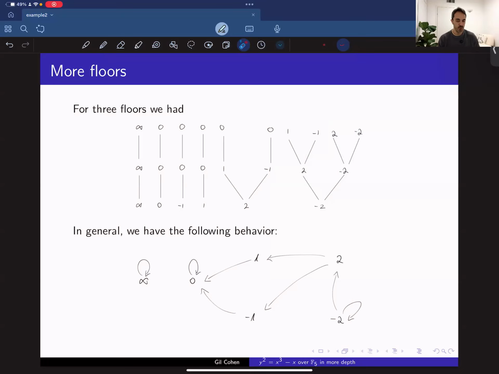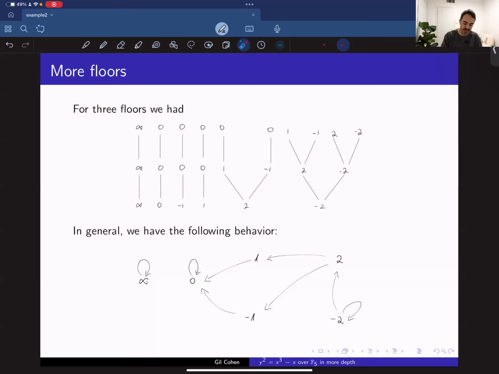Because we are computer scientists, we know how to write it using a kind of finite automaton. You have a state for every field element, the possible new coordinate, and you see that infinity goes to infinity, 0 goes to 0, and so forth. 1 and -1 go to 0, -2 keeps generating itself and 2, which in turn generate 1 and -1, which in turn generate 0, and then it gets stuck like that, and so forth.